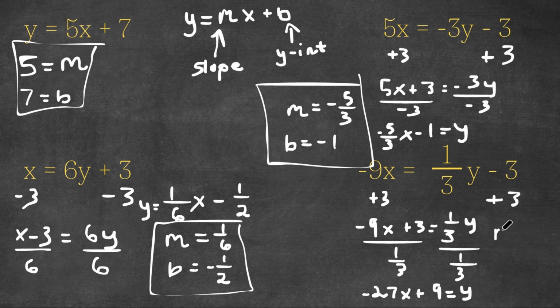So m is equal to negative 27, and b is equal to 9. So that's our answer.